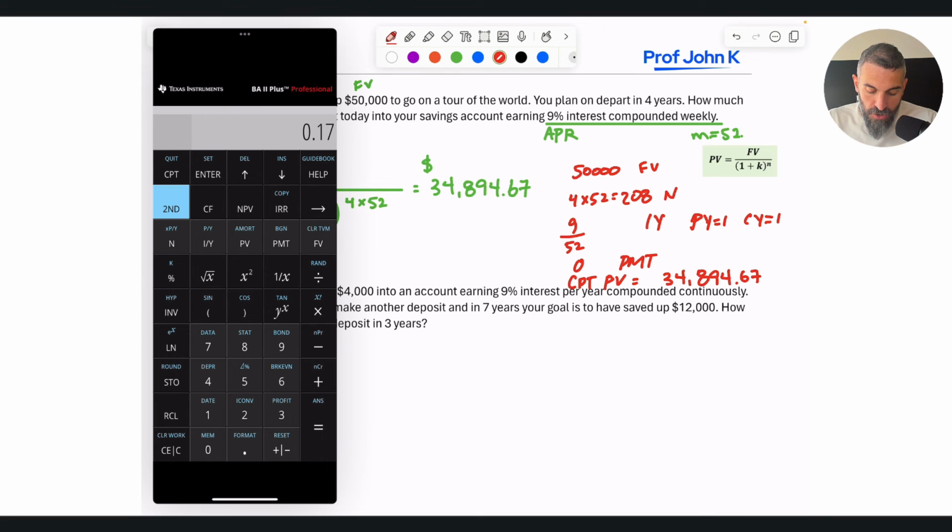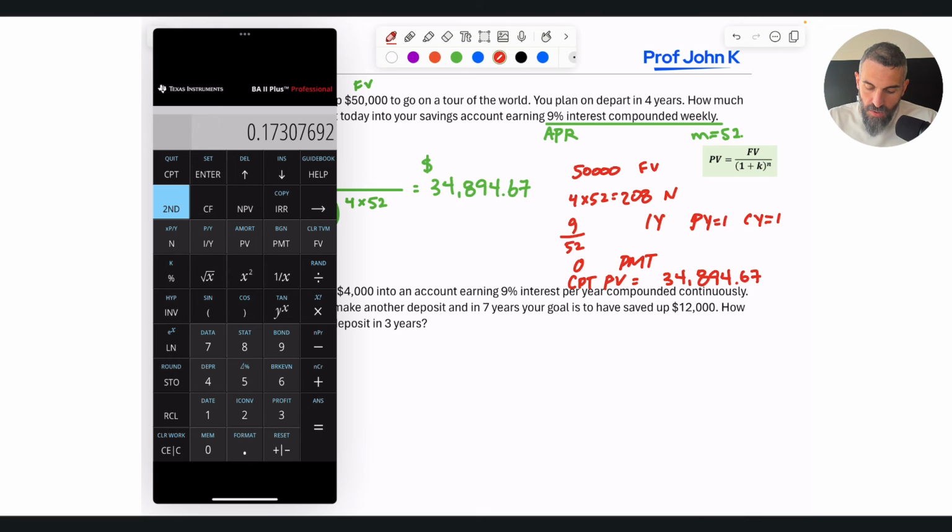You need to press second function, and then format, the very bottom of the calculator. It's the decimal button. You see format. This is where you go. So this is set to 2. I don't want this set to 2. I want this set to maybe 8. So you'll press 8 and then enter at the very top of your calculator. Now, when I say enter, I don't mean equals. Enter is a button at the top of the calculator. Now, everything I do, the calculator will round it to 8 decimal places.